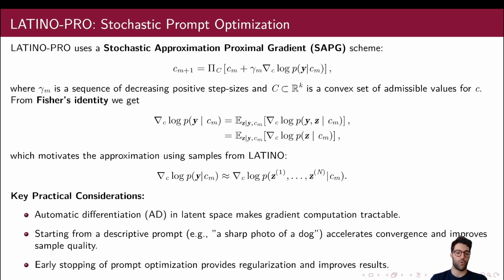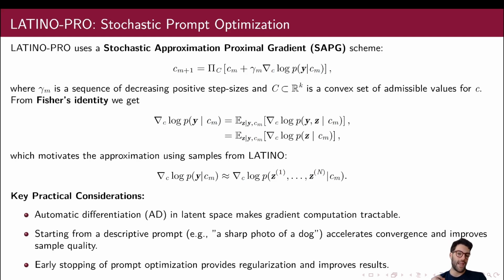And the main point is to compute this score here, this gradient, and we can do this through Fisher's identity, which allows us to compute it first exactly and then to approximate it, as we can see here below, using some samples generated by the same Latino algorithm.